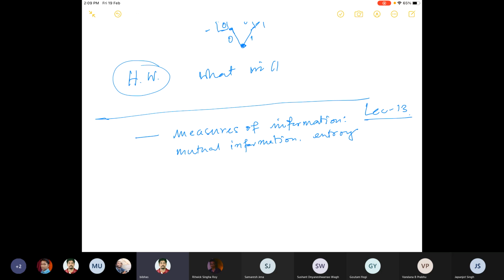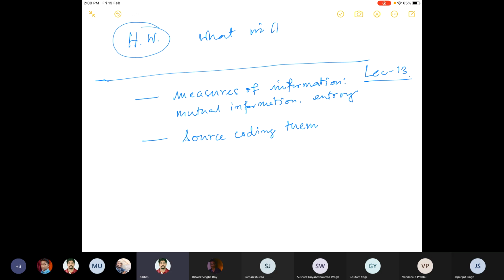And then we started talking about the source coding theorem, and we talked about construction of an optimal code.